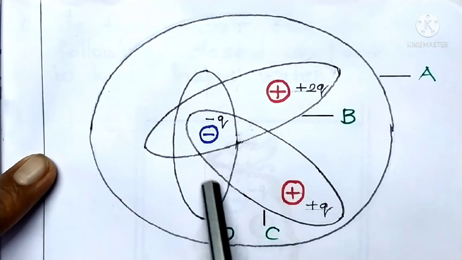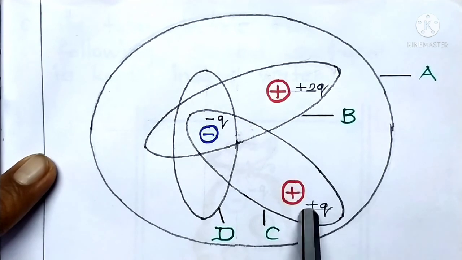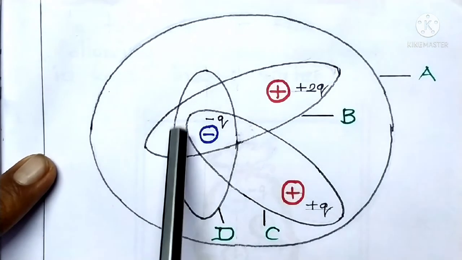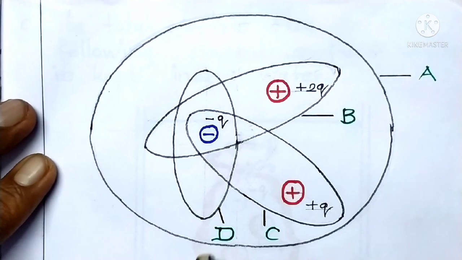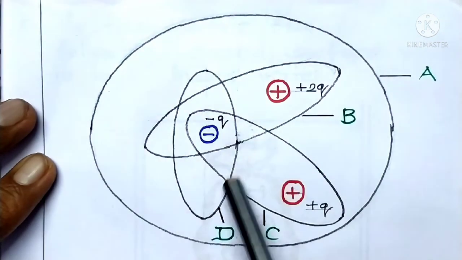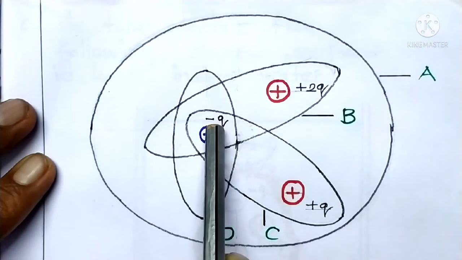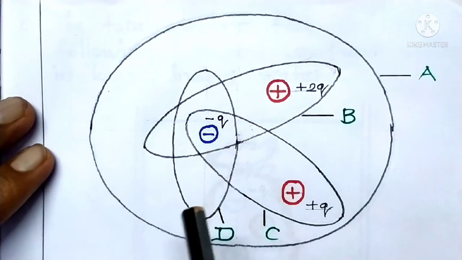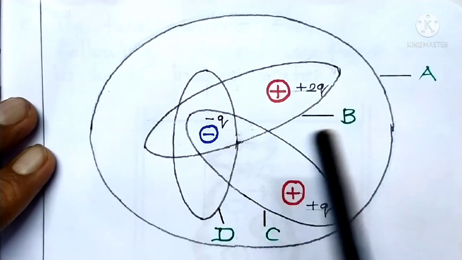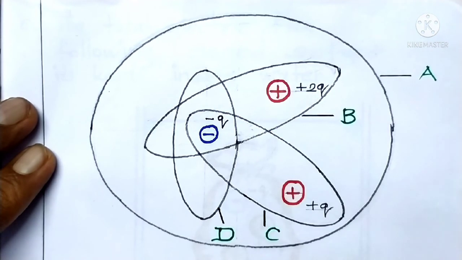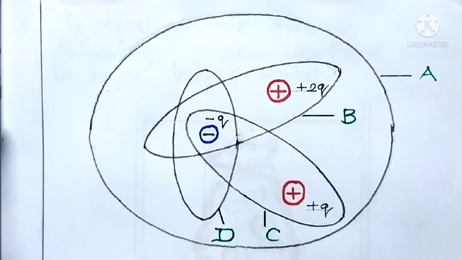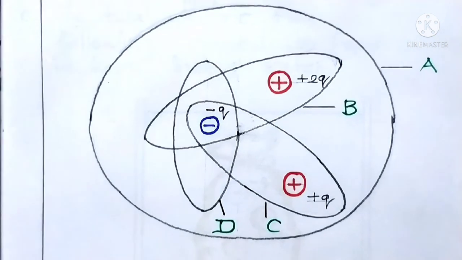In C, this plus Q and this minus Q come. Then what about the Gaussian surface D? In D, only one charge, that is minus Q, is left. So accordingly, we need to calculate the electric flux, then rearrange them in the increasing order of their electric fluxes.